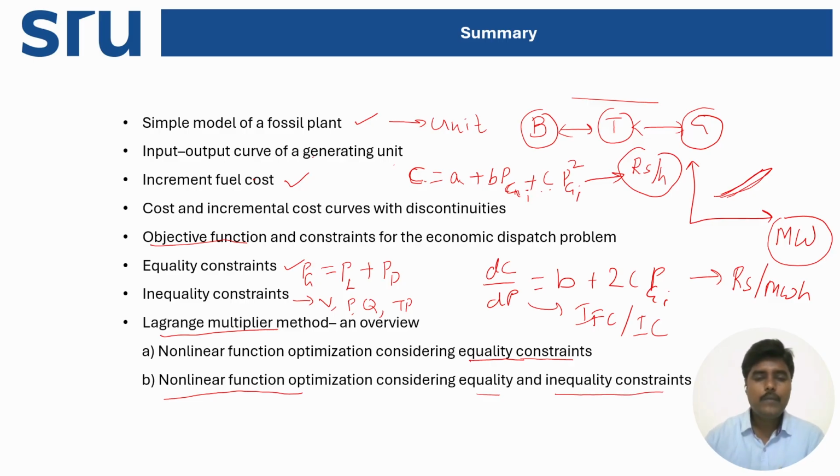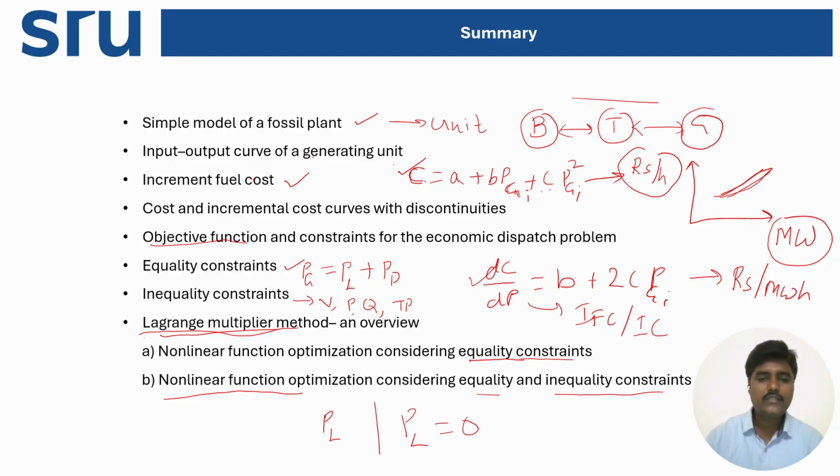We are going to implement all these concepts in the coming lectures in solving some numerical problems, where we will take the help of the fuel cost function and incremental fuel cost function, and also derive the conditions for economic operation of a power system using this Lagrange multiplier method. When deriving the conditions for economic operation, we again have two cases: one is considering transmission losses, another is neglecting transmission losses.